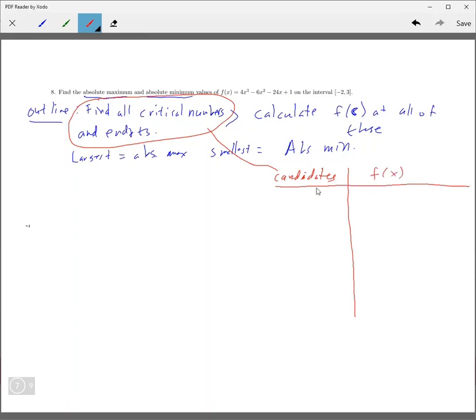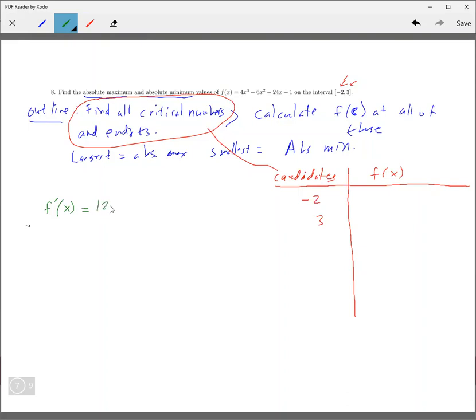Then we'll calculate the values at those. We have endpoints that are -2 and 3. Those endpoints are always going to be candidates. Now we also calculate the derivative and find out where the derivative doesn't exist and where it's 0. The derivative exists everywhere for this function because it's a polynomial, so we're only looking where the derivative is 0.